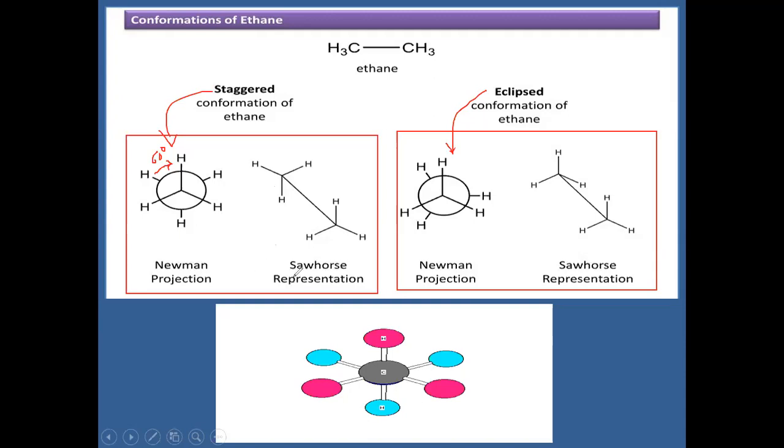Here also in the Sawhorse projection formula, as you can see, these hydrogens are away from each other, but here this hydrogen and this hydrogen completely hide each other. So these are the two conformations of ethane: staggered conformation and eclipse conformation.